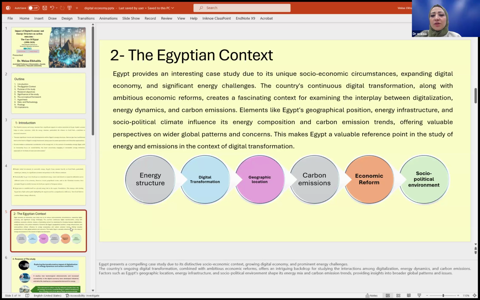Elements like Egypt's geographical position, energy infrastructure, and socio-political climate influence its energy composition and carbon emission trends, offering valuable perspective on wider global patterns and concerns. This makes Egypt a valuable reference point in the study of energy and emissions in the context of digital transformation.